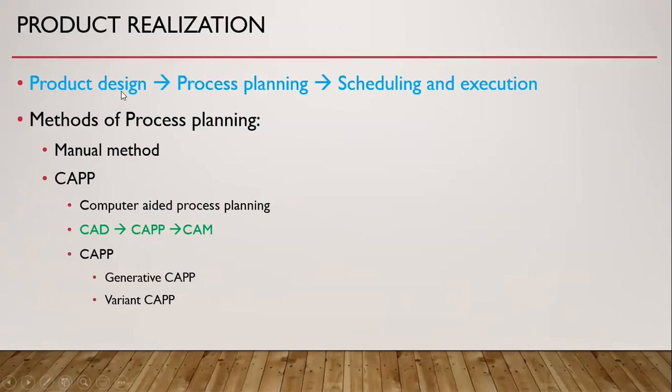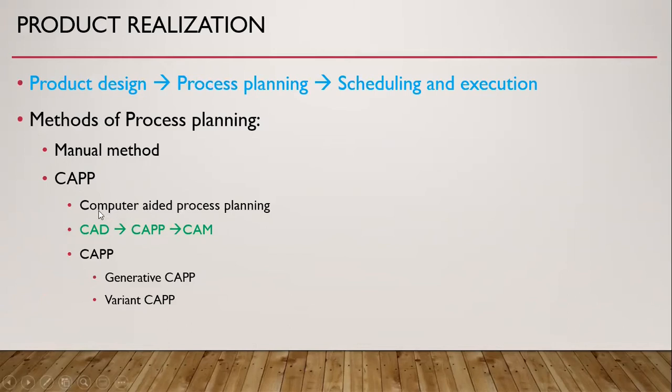So how do we produce? That is product realization. First of all, we design our product, then we do process planning, then the next step is scheduling and execution of production process. Methods of process planning can be either manual or computer aided process planning.